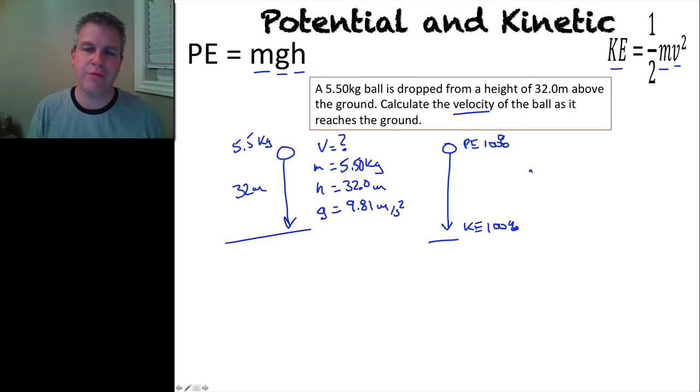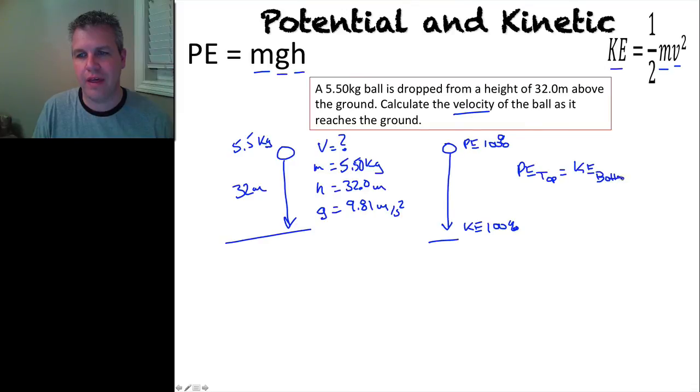So I can have this relationship that potential energy at the top should be equal to the kinetic energy at the bottom as it falls, because potential energy lost is equal to kinetic energy gained. So if I can calculate the potential energy at the top, then I can use that value for kinetic energy in this equation and hopefully solve for velocity.